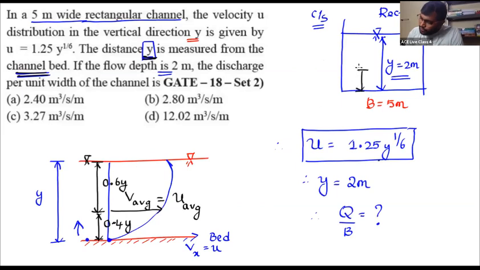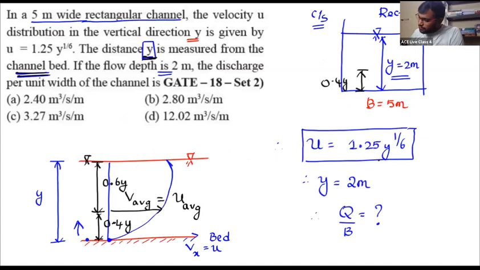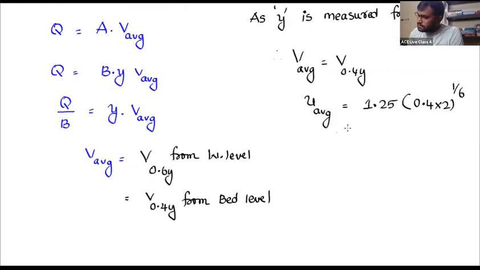And 0.4 times of y is the depth at which we measure the average velocity. So 0.4 into 2, whole to the power of 1 by 6, into 1.25. Please find it out. If you solve, you will end up with this value as 1.204 meters per second.